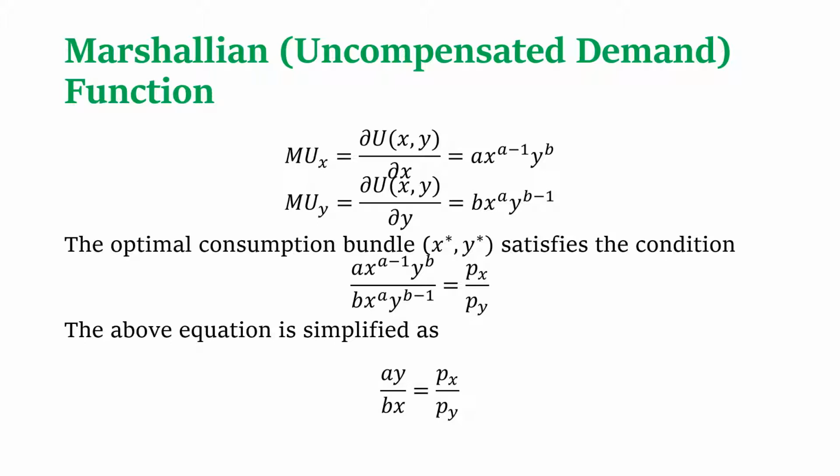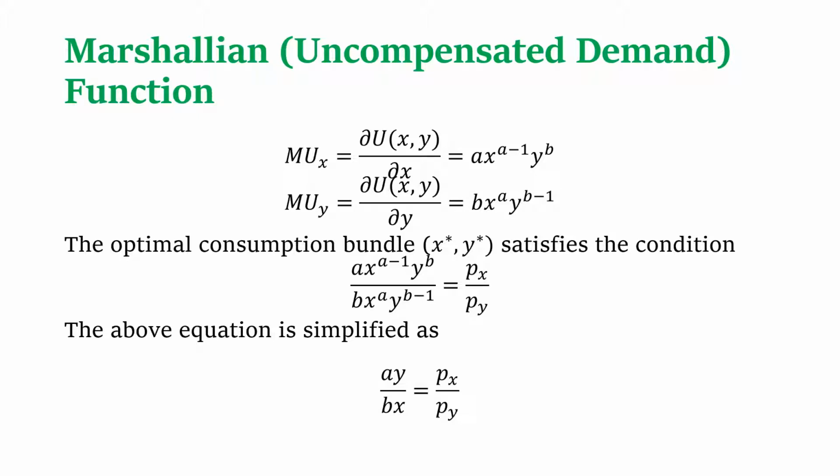If y changes, then the exponent of that variable, which is b, is going to change to b minus 1, because we are subtracting 1 from it. We take the exponent of y and multiply by the entire utility function. That gives us b x^a y^(b-1).